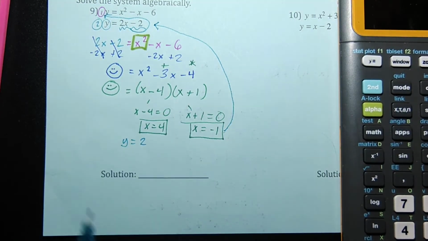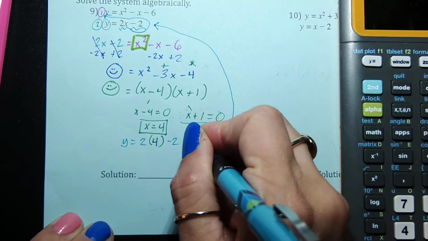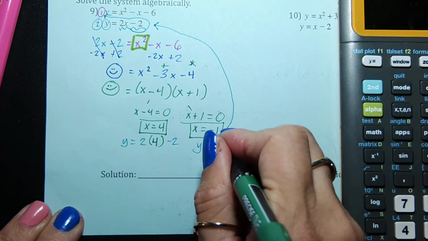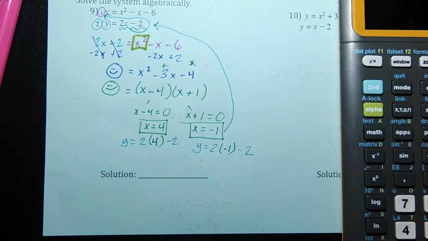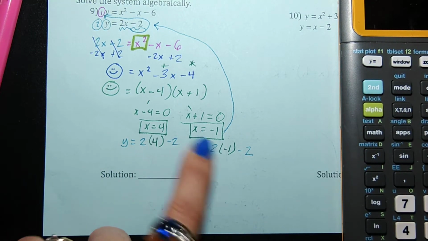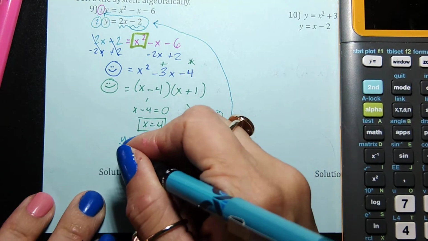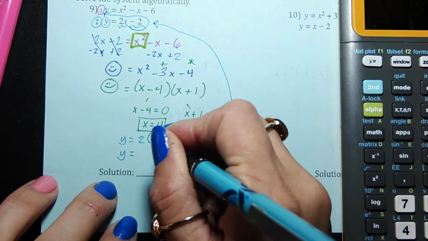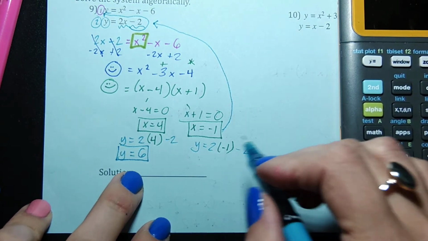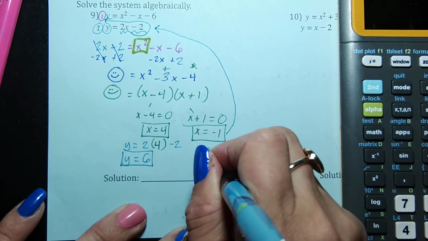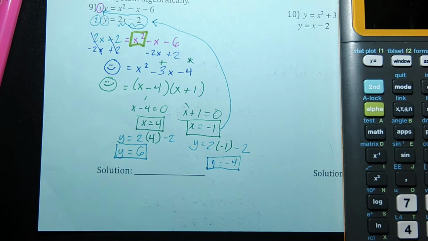So y equals 2 times 4 minus 2, and then y equals 2 times negative 1 minus 2. Plugging those two x values into that second equation: y equals, let's see, 2 times 4 is 8, minus 2 is 6. And then 2 times negative 1 is negative 2, minus 2 is negative 4.